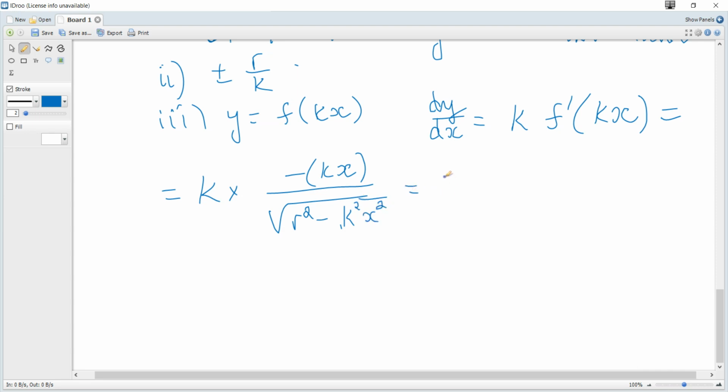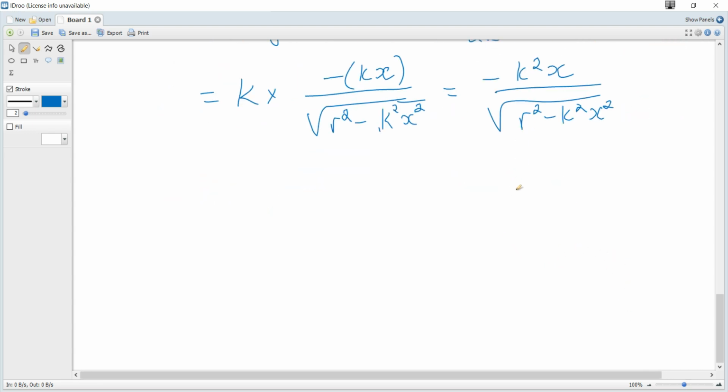Finally it's minus k squared x divided by square root of r squared minus k squared x squared. Yes, it's correct. And the next question.